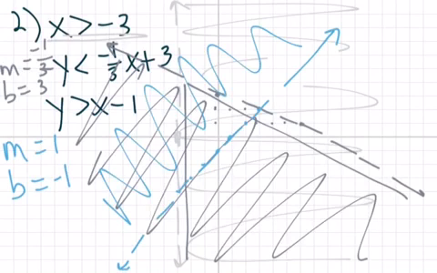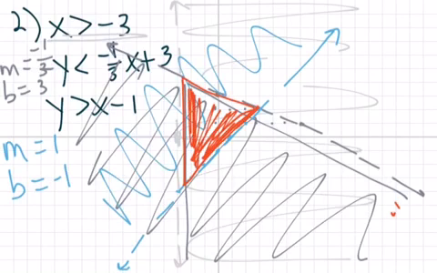And if you look carefully, you can see that there's a triangle in this area. What's your answer? And it's asking you for the vertices of the triangle.